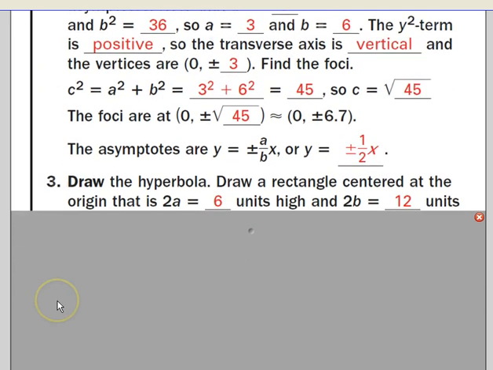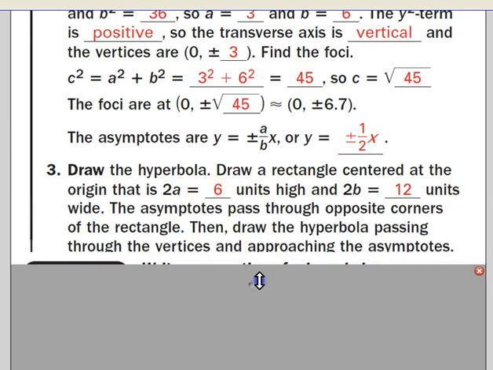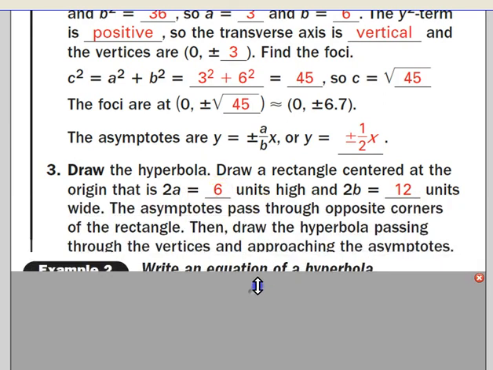In essence, you draw a rectangle centered at the origin that has a height of 6 units and a length of 12 units, because a is 3 and b is 6. And then the asymptotes will pass through the corners of the rectangle.